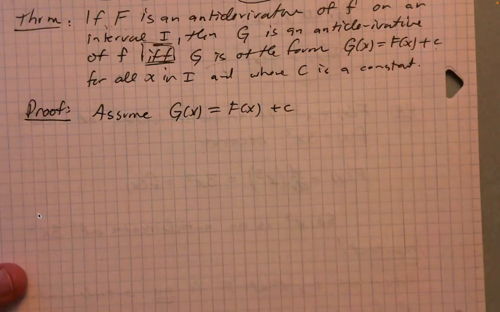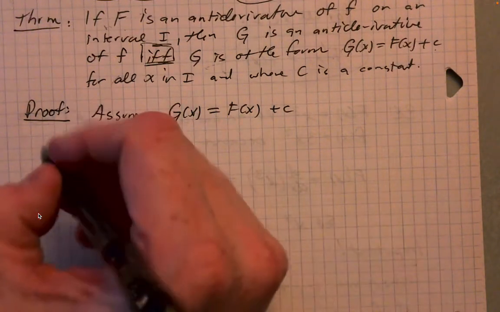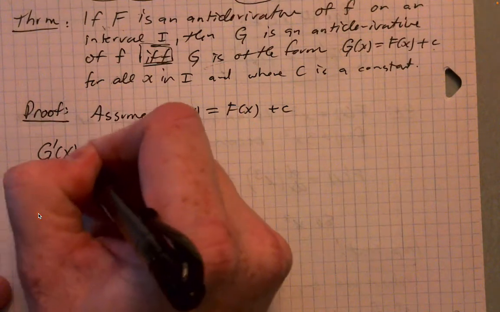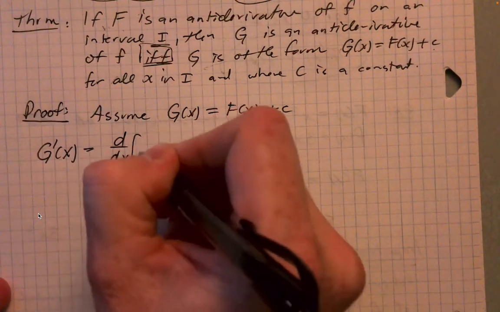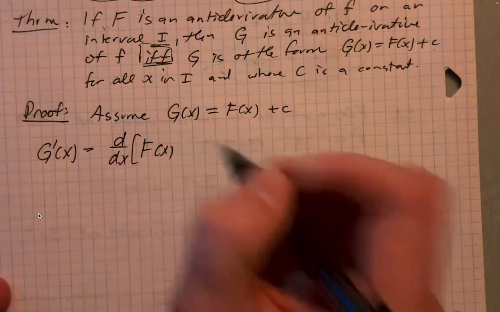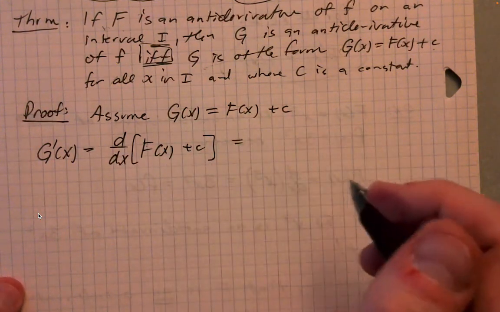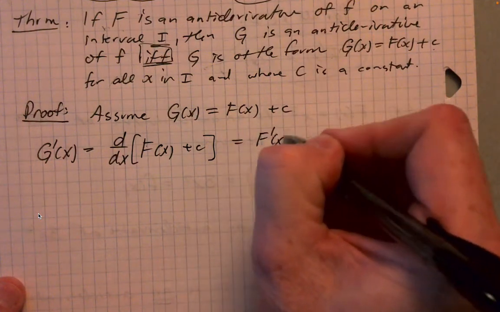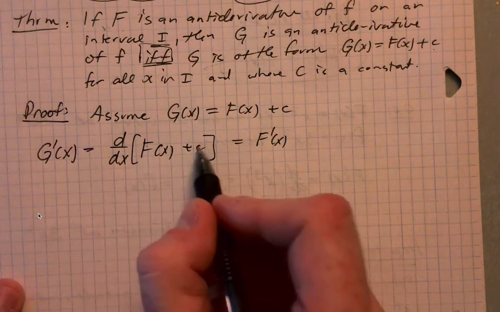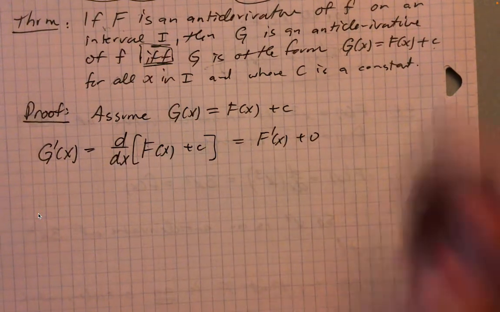Well, it's very straightforward in this direction, right? So we'll just differentiate g. Then g prime of x is equal to d dx of big F of x plus c, which we know is F prime of x. Differentiate that part, and then what's the derivative of a constant? Plus 0, right?